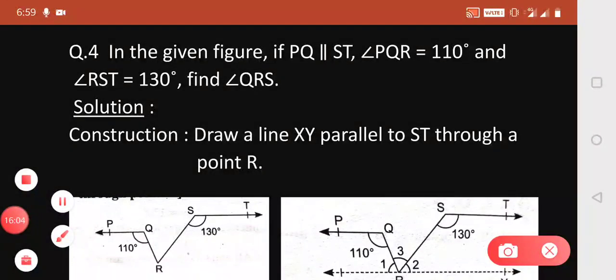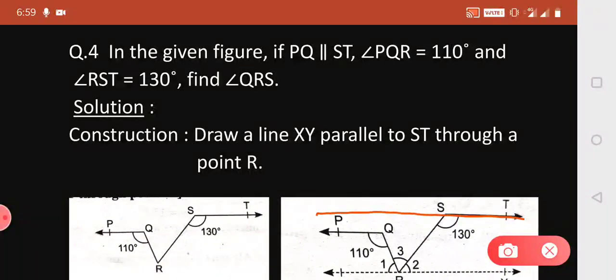You can see in the figure that now we have selected line ST parallel to line XY, and we have taken SR as transversal. So angle RST, this angle will be equal to angle SRY.